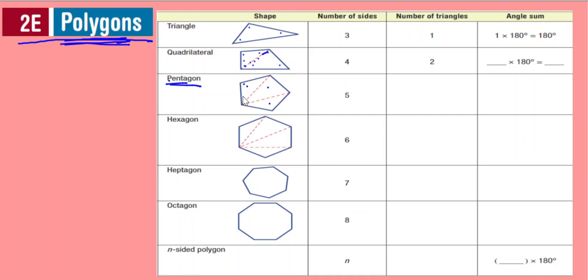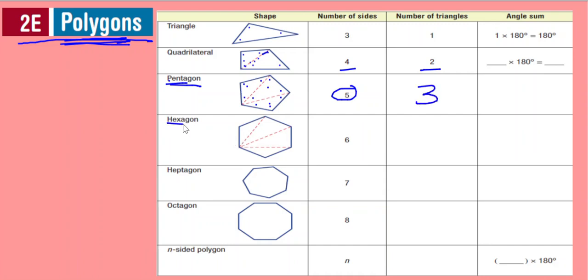Each of those triangles obviously have angles that add up to 180 degrees. So as you can see here, we've got triangles, so we've got one triangle. Here we've got a quadrilateral, so we've got 4 sides, and we've got 2 triangles. Then we've got a pentagon, which has 5 sides, and when we split it up, it has 3 triangles.